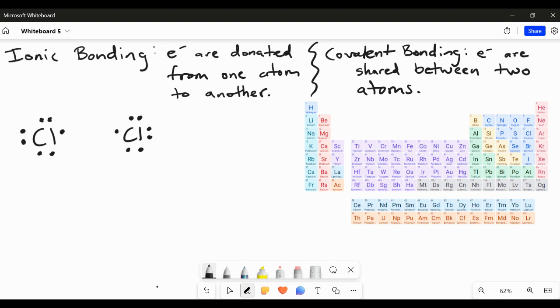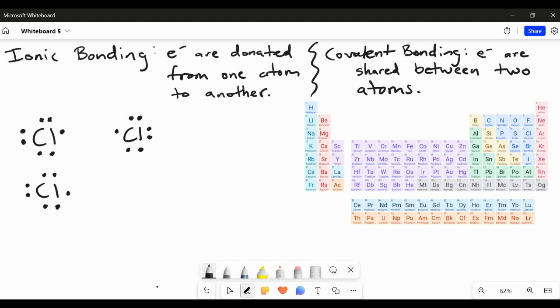So because they can't find an atom to donate an electron, what ends up happening is these two chlorines will actually share one electron each. So what will end up happening is this chlorine, for instance, with its electrons, will become stuck to this other chlorine.